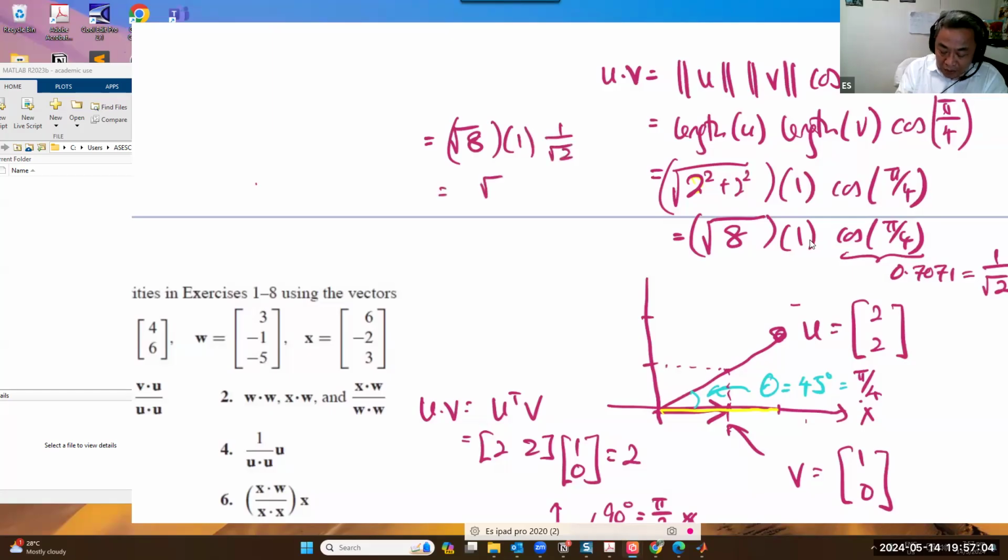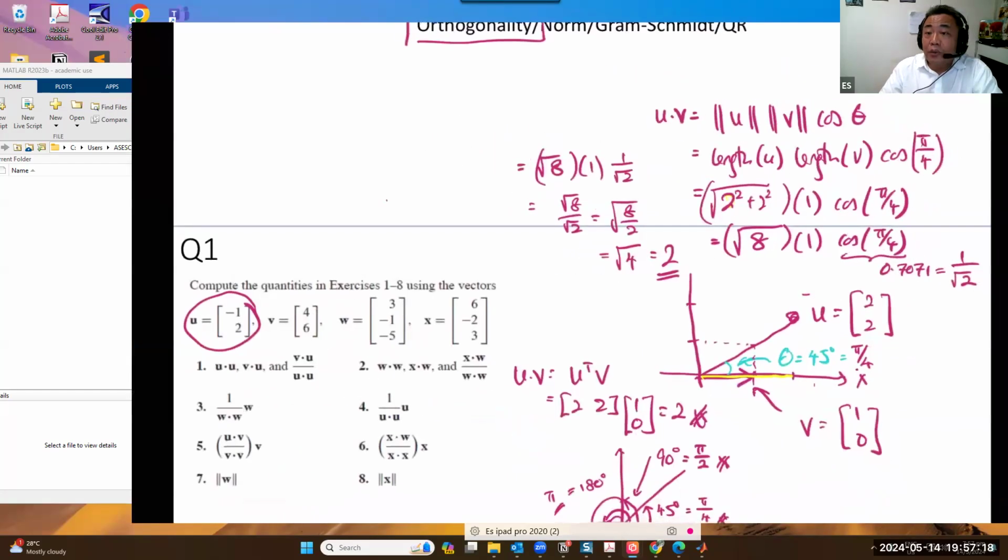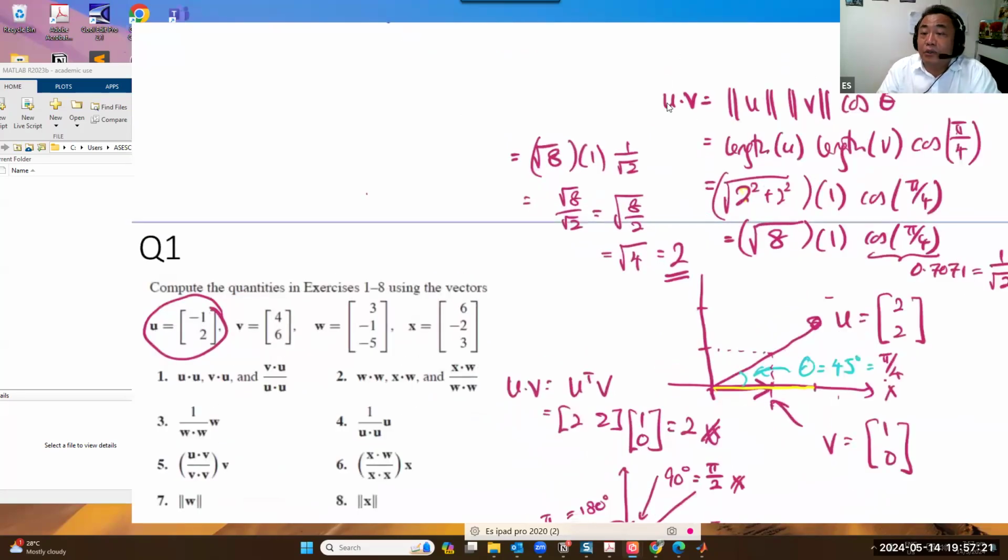It's square root of 8 divided by square root of 2, so it's square root of 8 divided by 2, which is square root of 4, and the answer is 2. Same as what we got below. See? 2 here, 2 here. So we used 3 different methods to find u dot v. Okay? And now, I hope I have answered your questions: what is cosine theta, and how to calculate this from this example here.